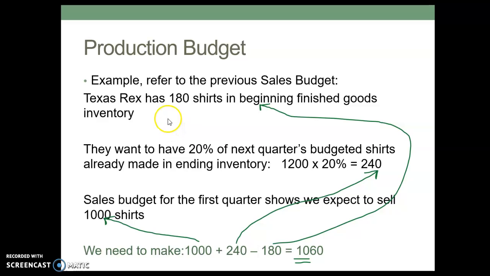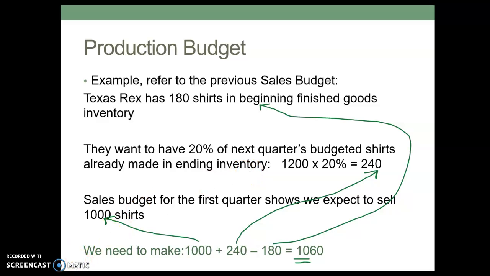Okay, so here is an example. If Texas Rex has 180 shirts in the beginning finished goods inventory, so as of January 1st, there's already 180 shirts sitting in finished goods inventory. They want to make sure to have 20% of next quarter's budgeted shirts already made in the ending inventory.